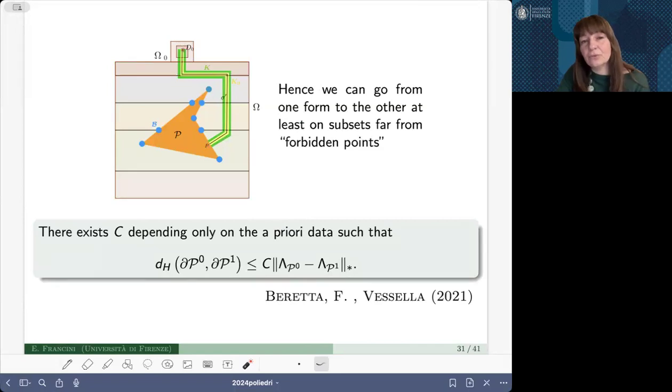So the idea is to build a kind of pathway that goes from outside to inside and integrate by part here, so that you can take singularity from outside to close to the polygons, avoiding the points at which you are not able to integrate by part. And once you do this, you can still prove the same Lipschitz stability estimate.